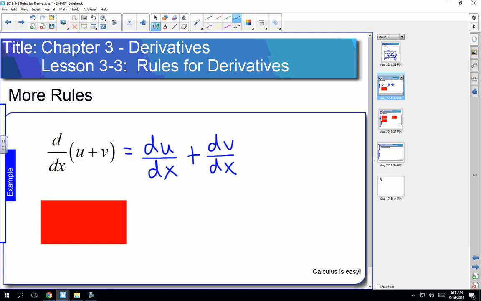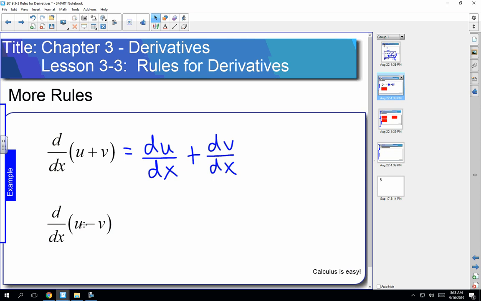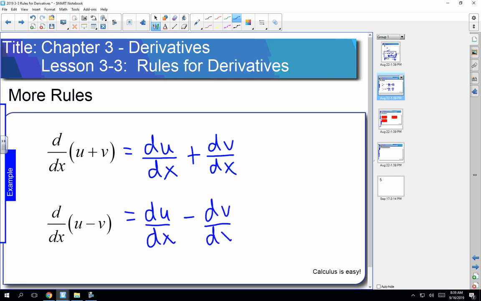And we've used that already, with the power rule and a polynomial with more than one term. And then the derivative with respect to x of u minus v is equal to du dx minus dv dx. So you could take the derivative of each function individually and then subtract them.